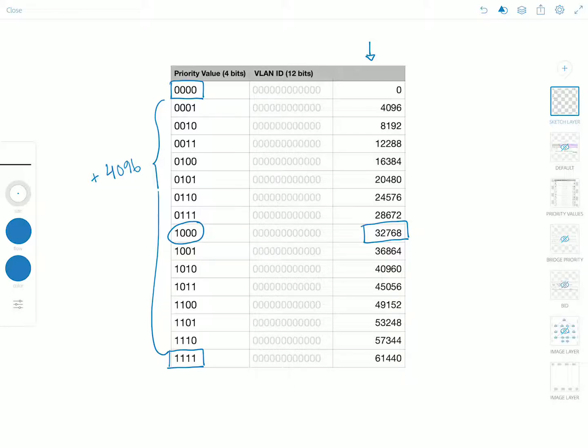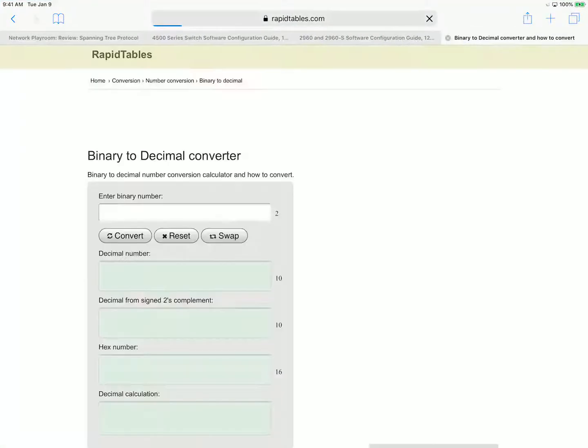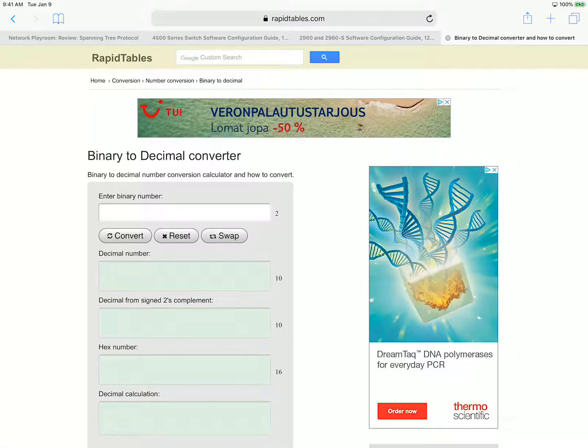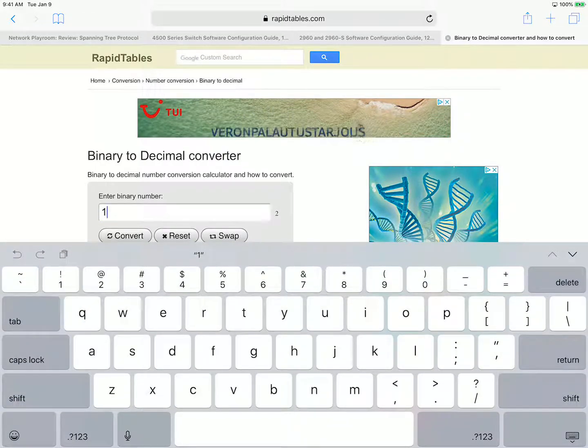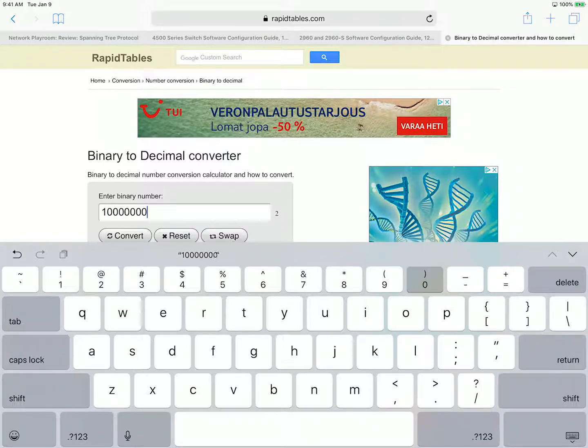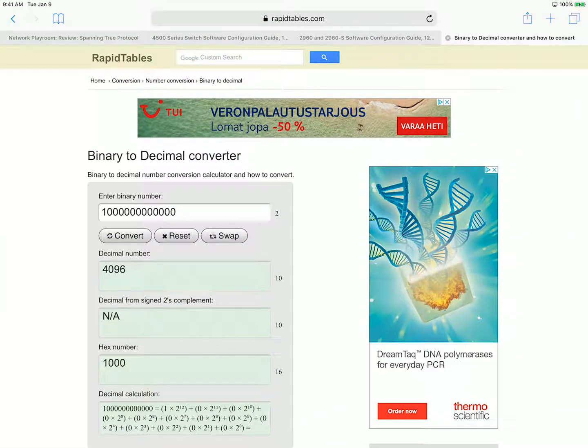And we can actually verify that number using a converter. So let me jump to my browser. So what that would be is 1 followed by 12 zeros. I hope that was 12. So let's convert that and the result should be 4,096.